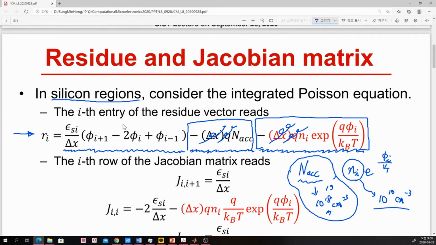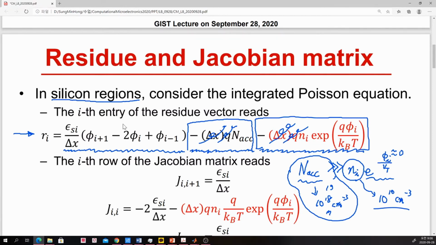So if our potential is close to 0, then this exponential term will give us a number quite close to 1. So the acceptor density is much larger than the electron density. That's the reason why we neglected the electron contribution in our previous lecture.